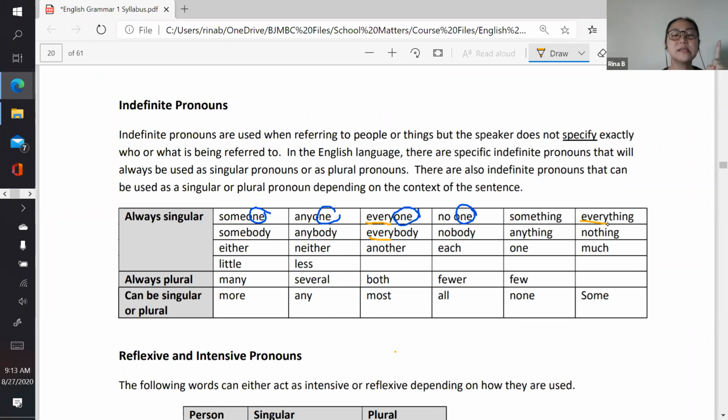So these indefinite pronouns will always be singular.